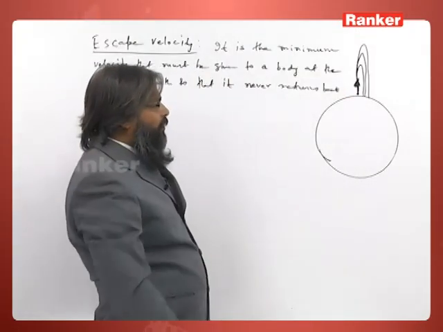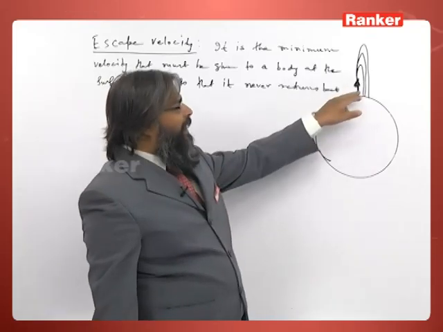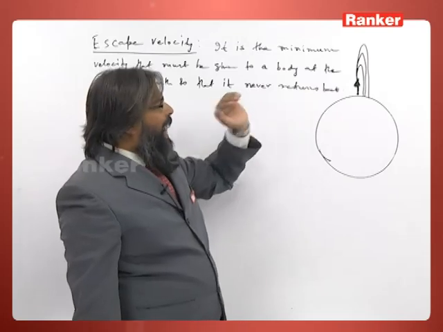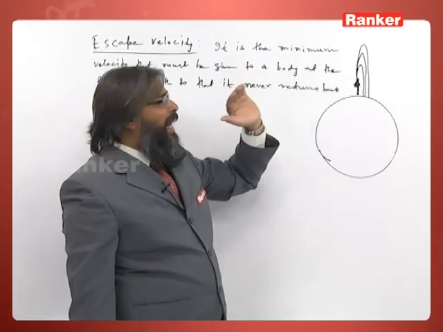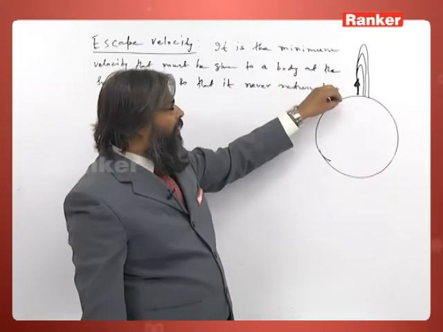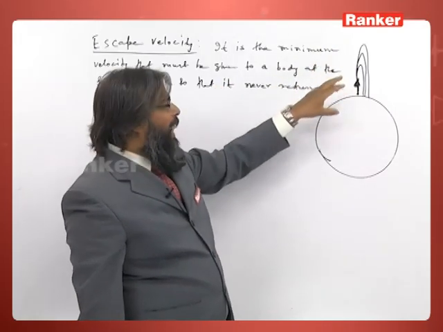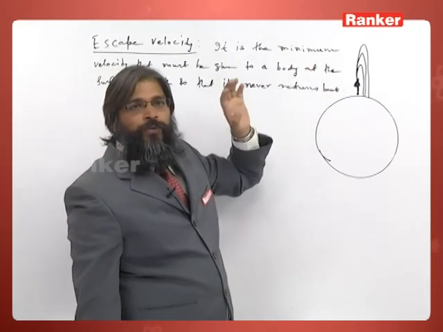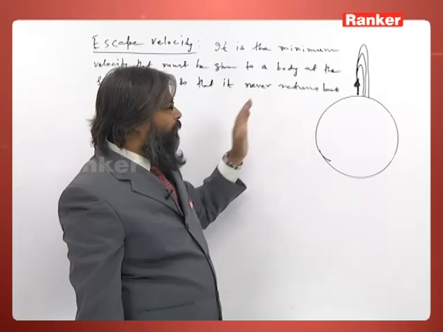So, if it never returns back, it means it goes to infinity. At infinity the energy of any object is 0. So, its potential energy is 0, and since I have to give the minimum velocity, it just manages to go to infinity.